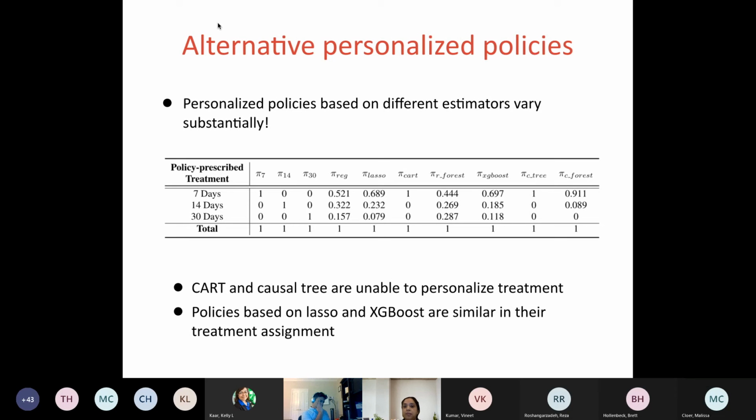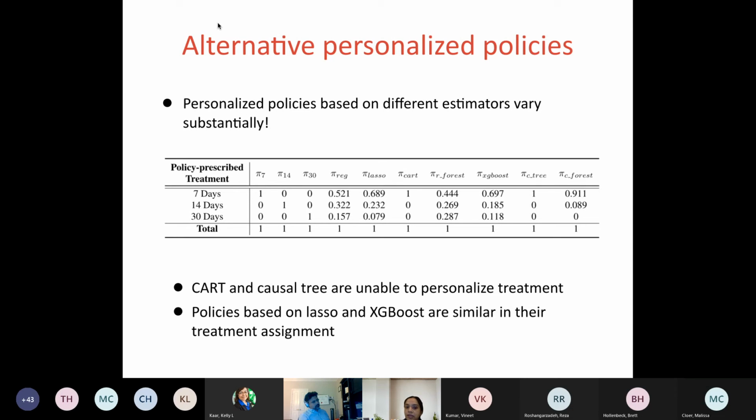The first mind-blowing thing about this table is that every method is substantially different in terms of how it assigns treatments across people. And this is, I think, both surprising and in some ways worrisome, right? Because what it says is that the actual method that you use to develop your personalized policy is going to significantly affect the outcomes.